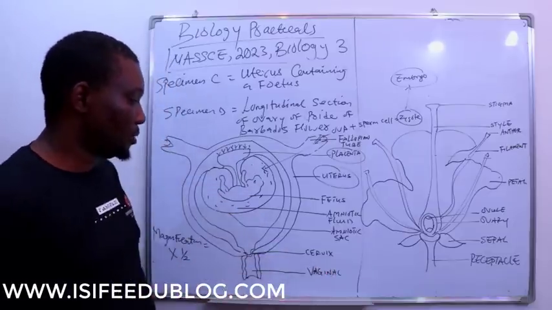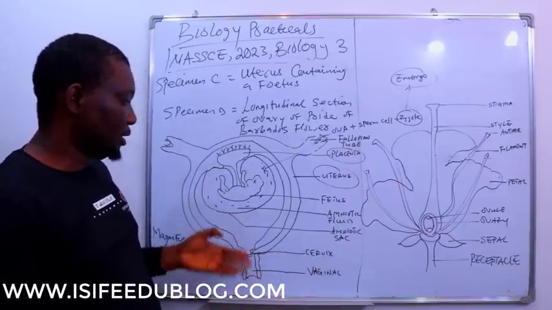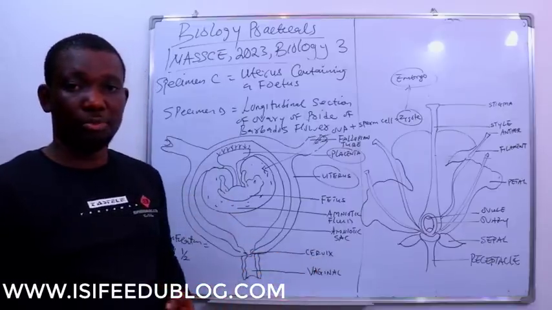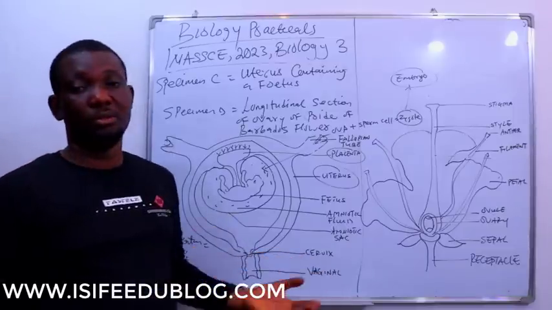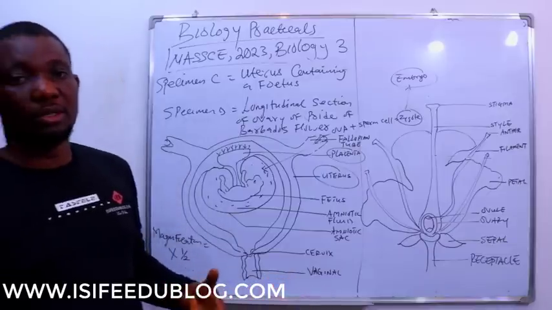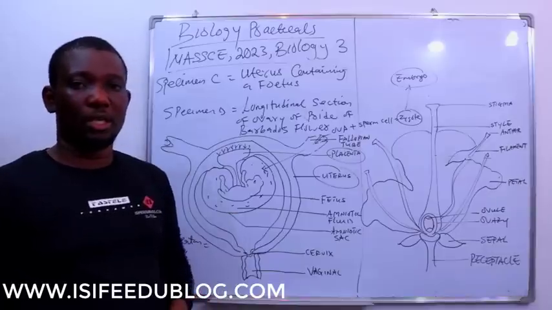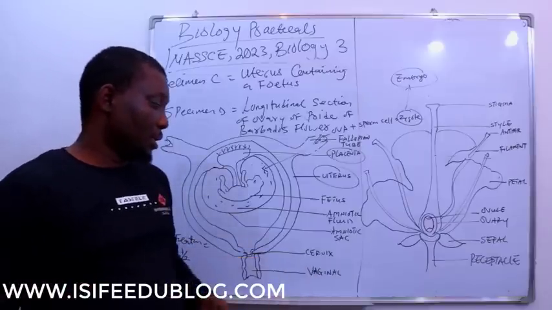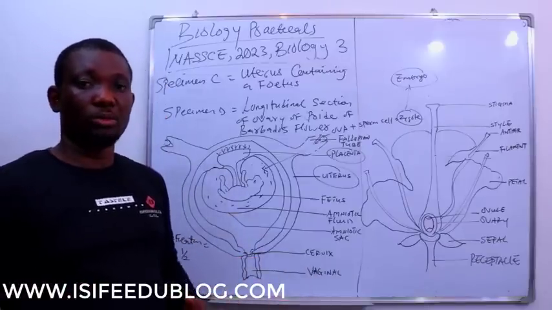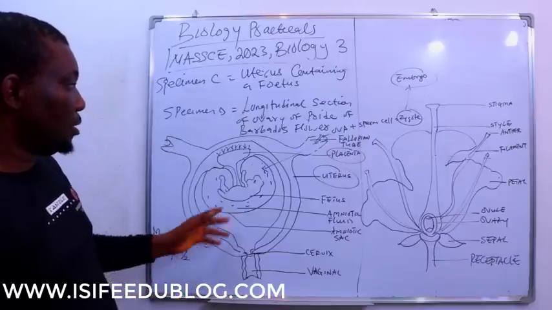So the role of the cervix is to open and help during birth. Also, the role of the vagina is to allow the intromittent organ to penetrate during the actual ejaculation of spermatozoa. Urine is also discharged to the outside through the urethra. So these are basically it.